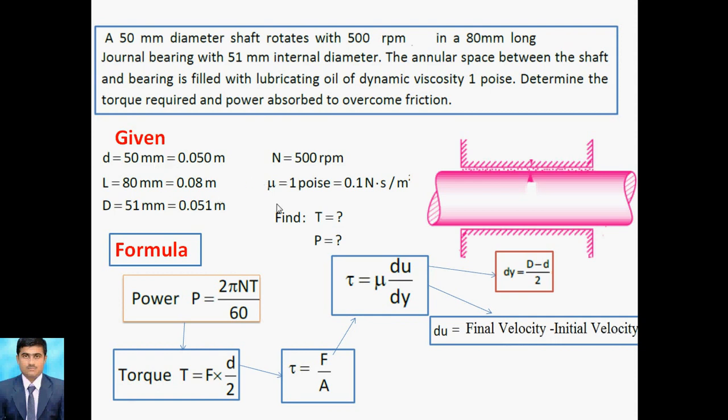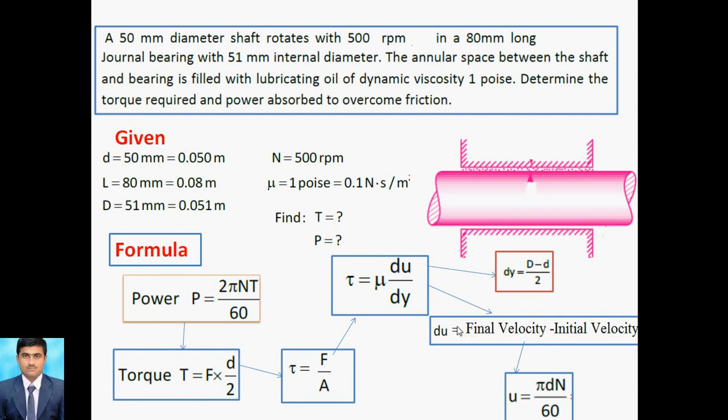Here the final velocity is converted from u equal to pi D N by 60, because this is a tangential velocity. And the initial velocity we can take as 0.